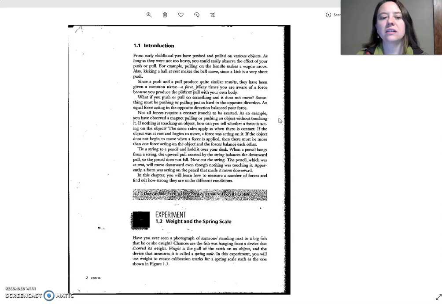If nothing is touching an object, how can you tell whether a force is acting on the object? The same rules apply as when there is contact. If the object was at rest and begins to move, a force was acting on it. If the object does not begin to move when a force is applied, there must be more than one force acting on the object and the forces balance each other.